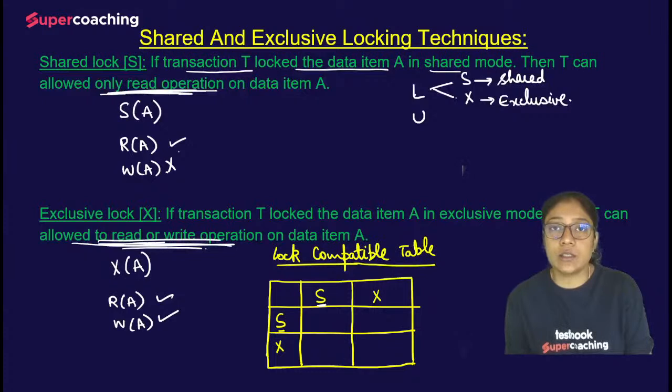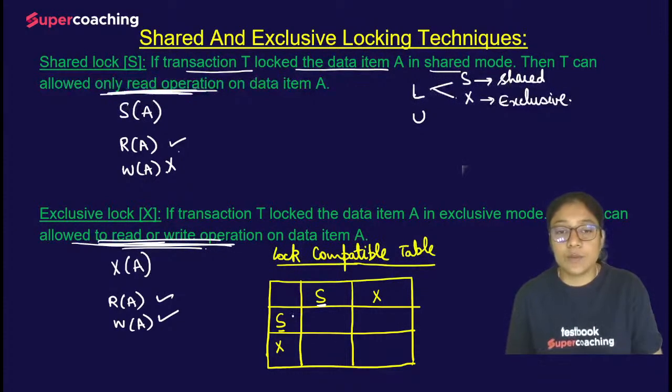Two transactions want to perform the read operation at the same time. Should it be allowed? Come on, guys. Should it be allowed? Yes. So this means that shared lock is compatible with the shared lock.